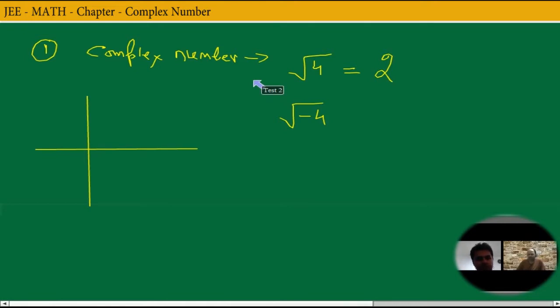So complex number is basically an extension of real numbers. Here you said it's not possible, which means we are calculating the square root of negative 4 in respect of real numbers. The platform is real numbers.